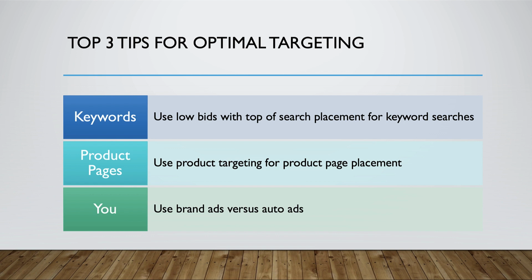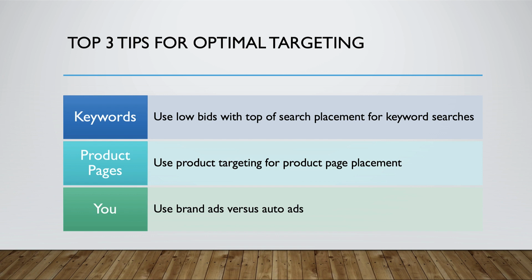So if you bid, say, 20 cents, but you put 300% as the top of search, 30 cents is what you're going to be bidding if it's a product page or if you're not eligible for top of search. Or you could go up to 60 cents? 60 cents sounds right. Yeah, 60 cents if you can win one of those top spots, which tends to be worth it.